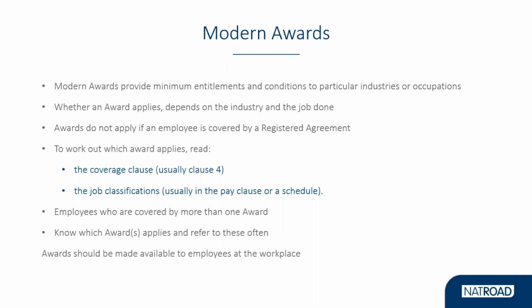So the key thing that I want to leave people with today in relation to the awards, it is essential that you know which award applies to each of your employees and you refer to those awards often, because part of the issue is making sure that you're all compliant and paying the correct rates, whether you're paying a flat rate, whether you're paying absolute as provided by the award, an hourly rate with overtime and all these other things.